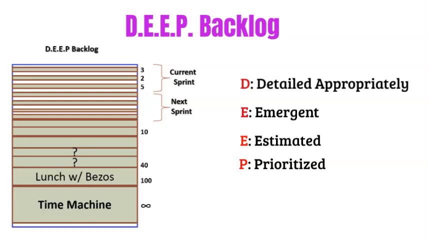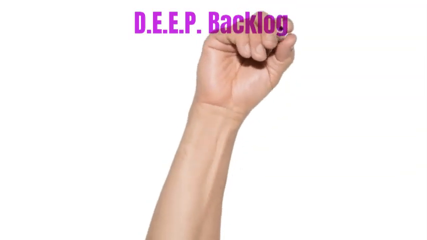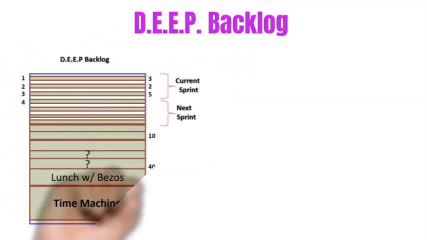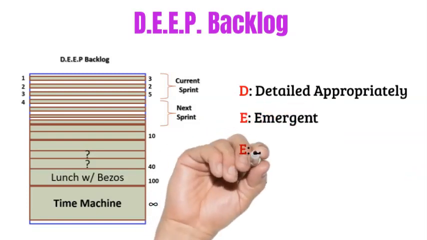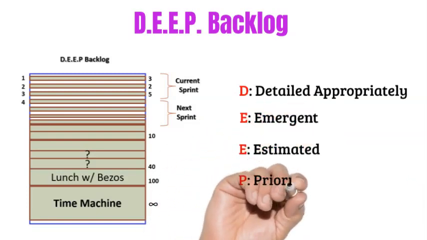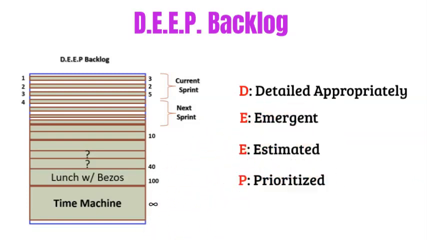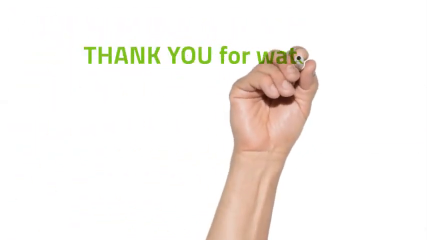So you have to prioritize the list in that order, 1, 2, 3, 4, and this is where, as a product owner, you take pride in keeping your backlogs deep: DEEP, detailed appropriately, emergent, estimated, prioritized. That is the concept of a deep backlog.